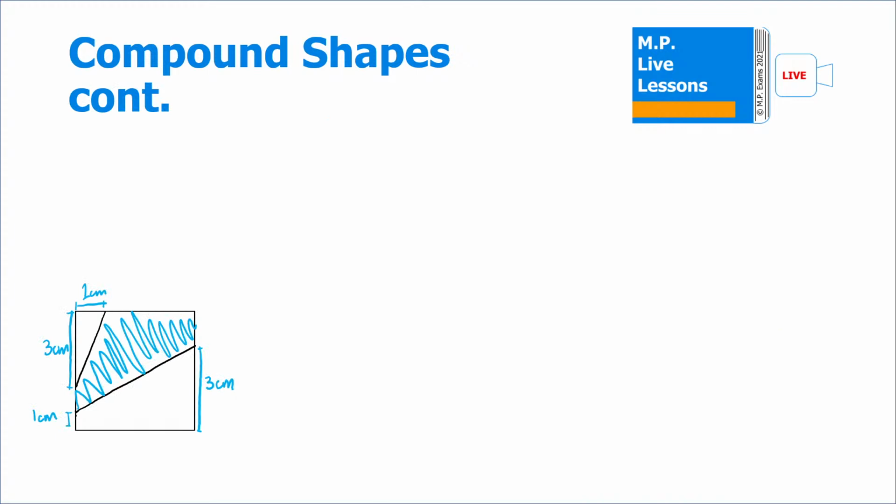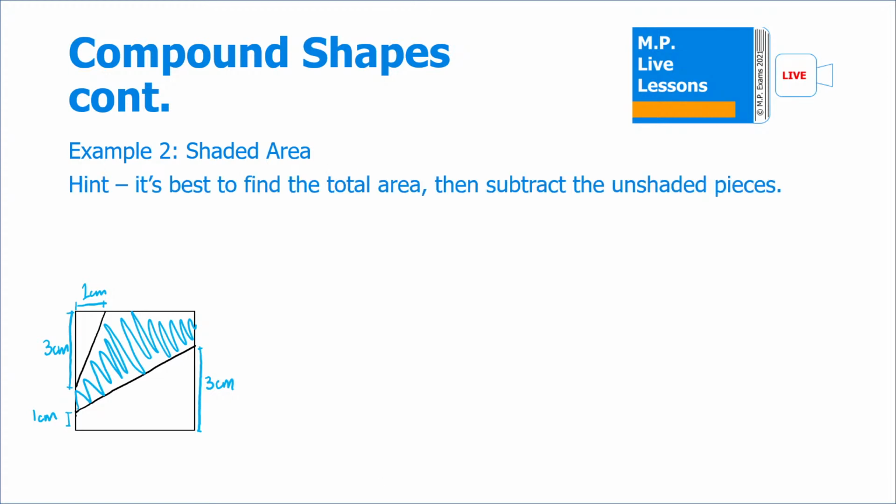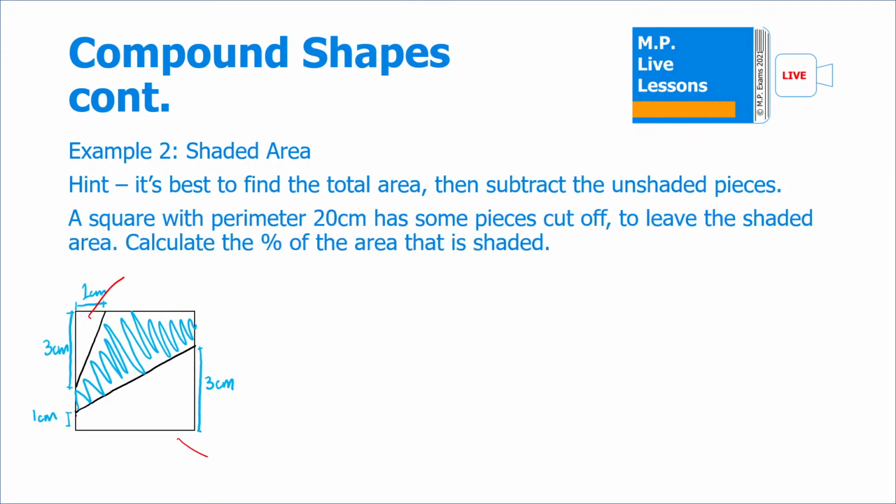Next, you have more compound shapes, where this time you have a shaded area. So it's often best to find the total area, then subtract the unshaded pieces, like this one here and this triangle here. So we've got a square with a perimeter 20 centimeters with some pieces cut off, so this isn't drawn accurately.